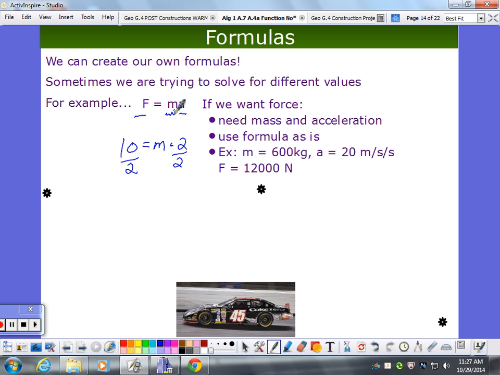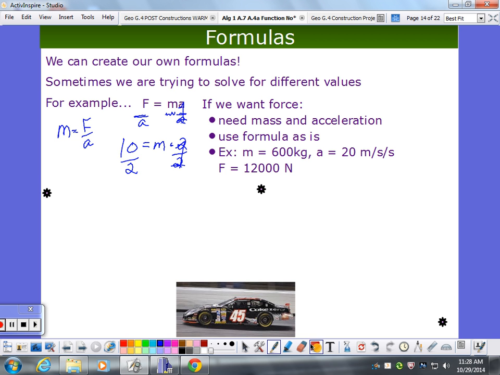So what should I do here to get m by itself? What's A over A, as long as A isn't 0? 1. So that means M equals F over A. Now I've solved it the other way.